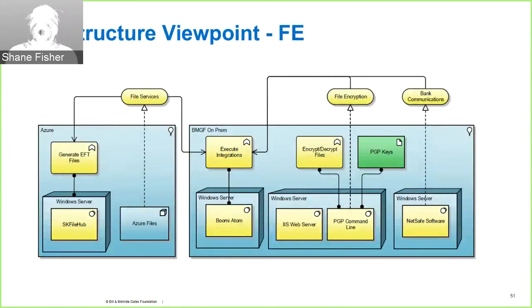If you ever want to start mapping out the technology layer, this is an example of that. So these represent domains. You have the Azure domain, you have BMGF on-premise. These are nodes. So this is very hardware centric.